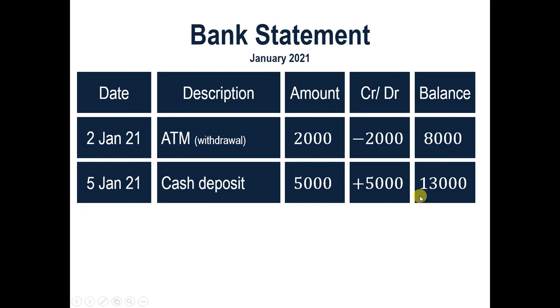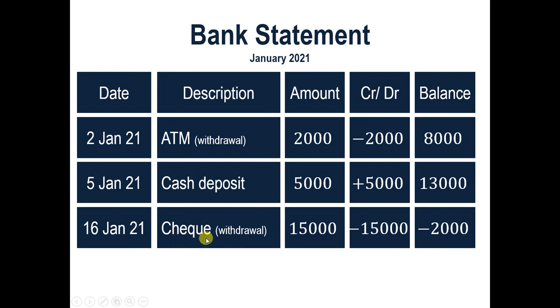So the bank has to record these two different transactions using negative and positive numbers. Okay, now I have a current balance of 13,000 rupees, for example, and if I place a check of 15,000 rupees, the bank will again take it as a negative number because the money will go out of the bank. But I had only 13,000 rupees and I have asked for 15,000 rupees and my balance is minus 2,000.